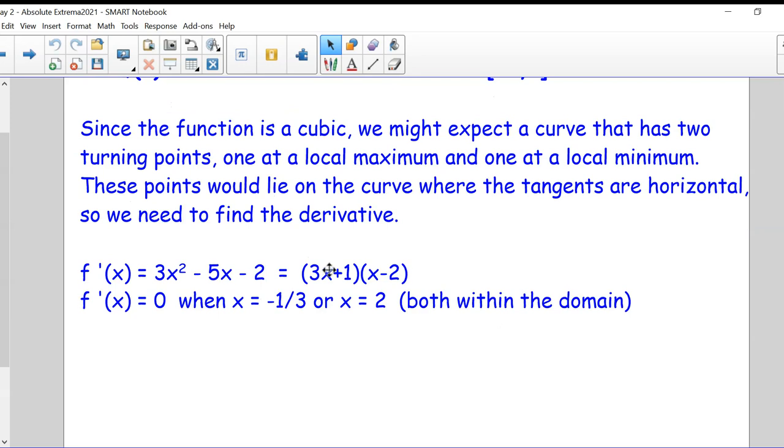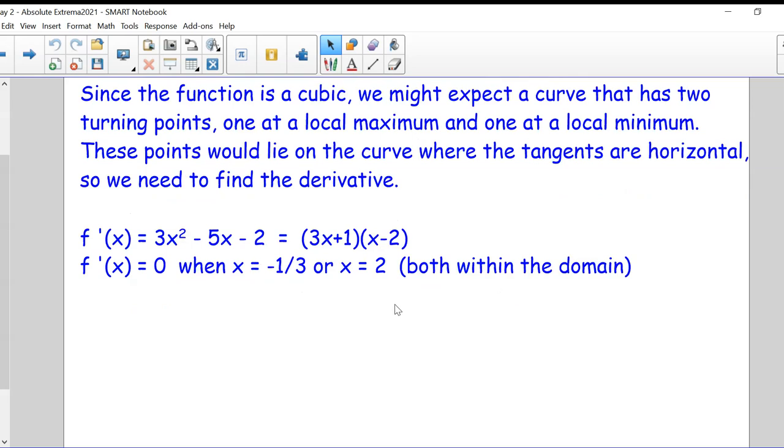Because we're now taking the derivative and setting it equal to 0, we know we have 2 horizontal tangents, and that's because we're setting each of these factors equal to 0. So here are the 2 horizontal tangents, at x equals -1/3 and at x equals 2. That's where your horizontal tangents are. So based on the algorithm, we now have to test 4 points to see where the maxes and mins are.